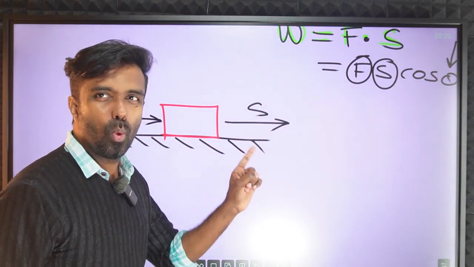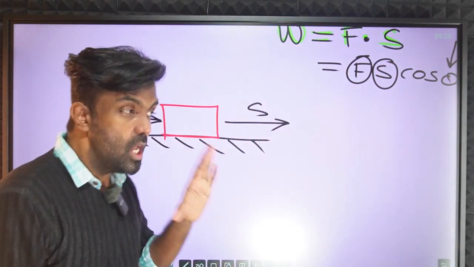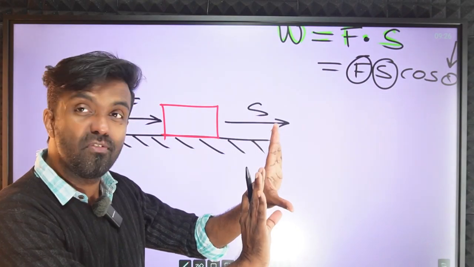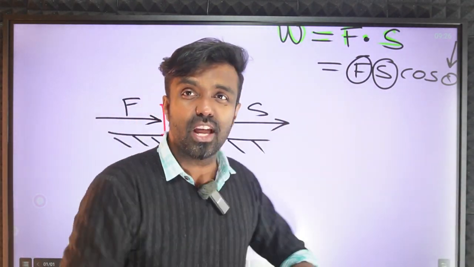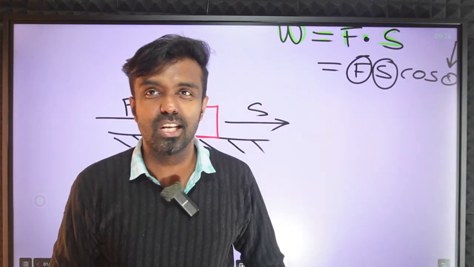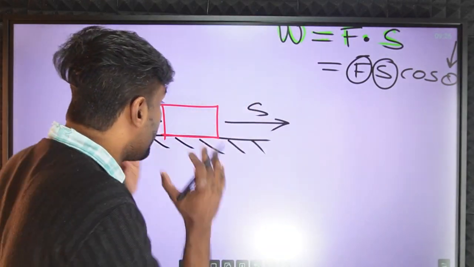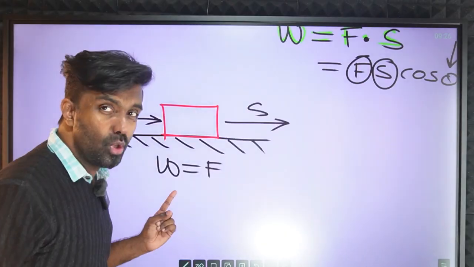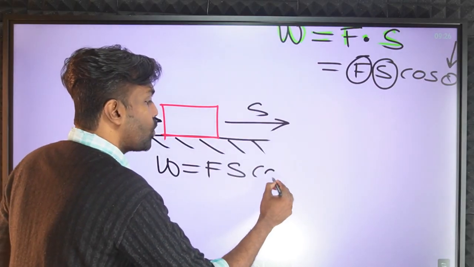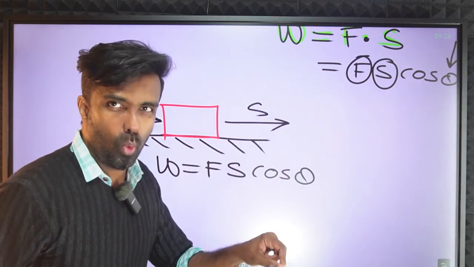Then the work is said to be positive. During that time, W is equal to Fs cos theta is the formula of the work done.